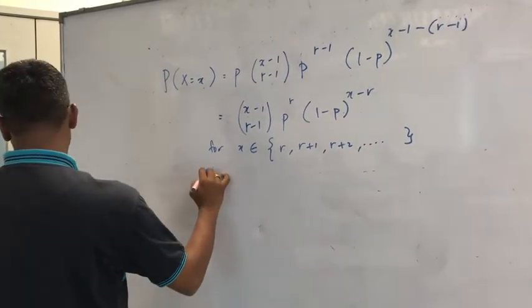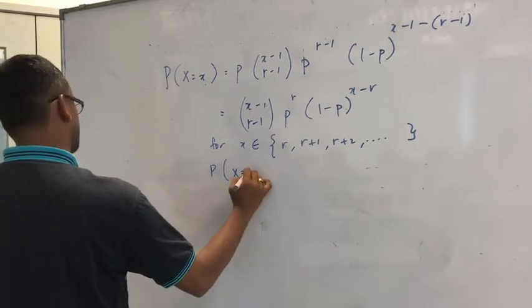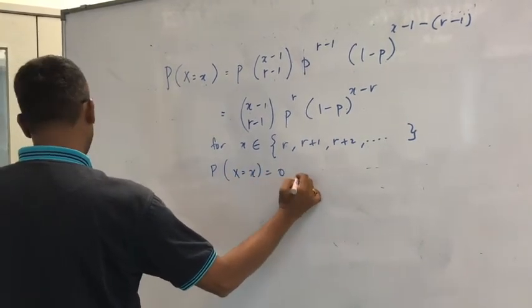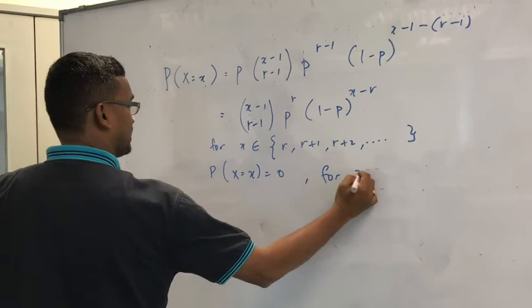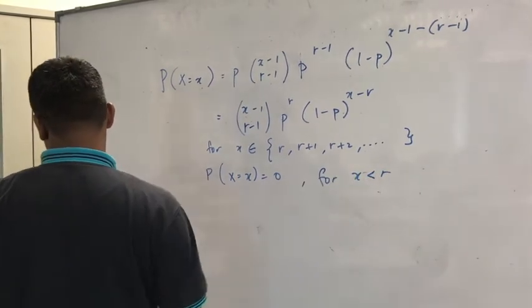Then we have P(X = x) equal to 0 for x less than r.